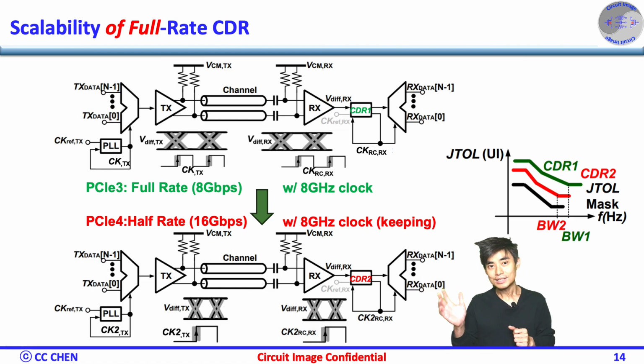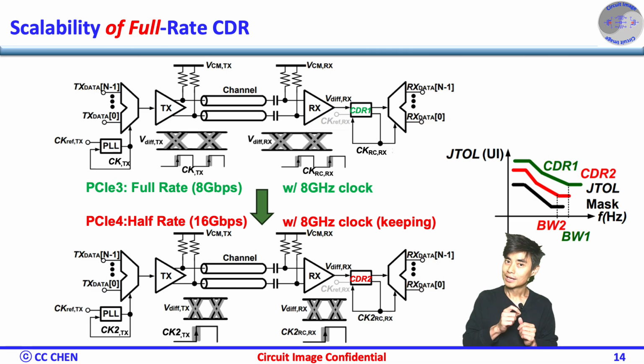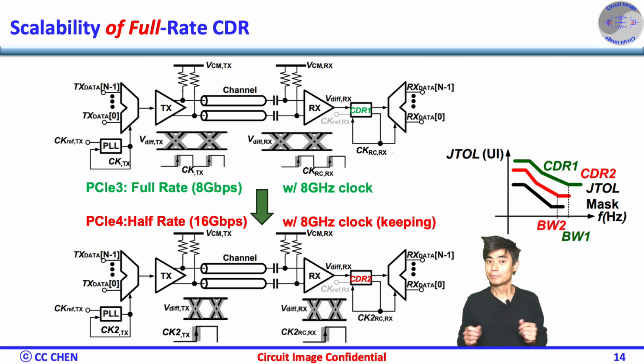Therefore, the CDR block inside the series should also have the same scalable feature. For example, we can keep 8 GHz clocking for the 16 gigabit per second PCIe 4 at the half rate for meeting the speed constraint, and switch it to 8 gigabit per second PCIe 3 at the full rate for better J-tau.